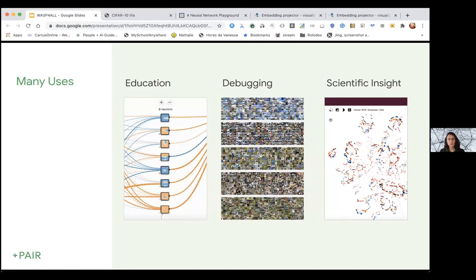The first one is going to be in the realm of education. The second one is using data visualization to debug. And the third one is about scientific insight. These are all very normal uses of data visualization in general, and we're going to see how we bring those to AI.